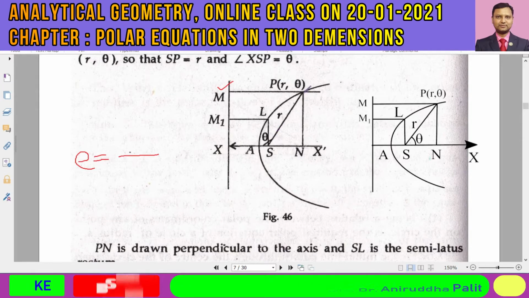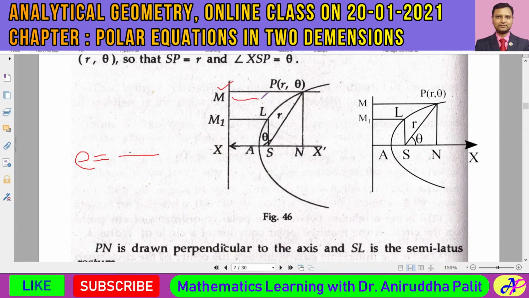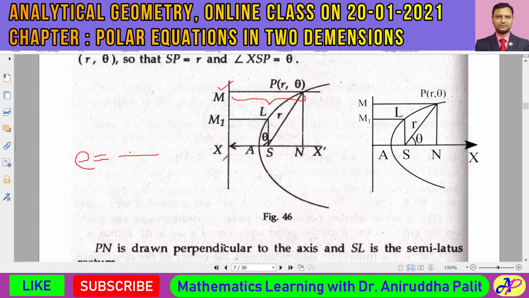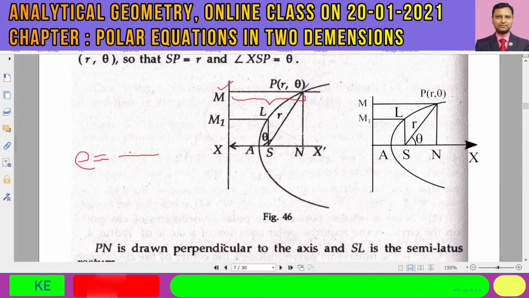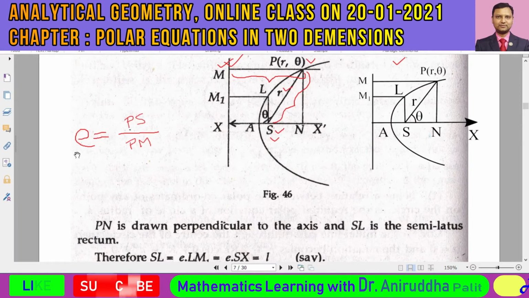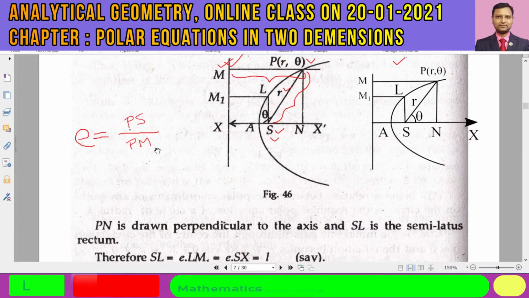That means this distance from P to M is the distance of the point P from the directrix. Therefore, the eccentricity e is equal to PS by PM.